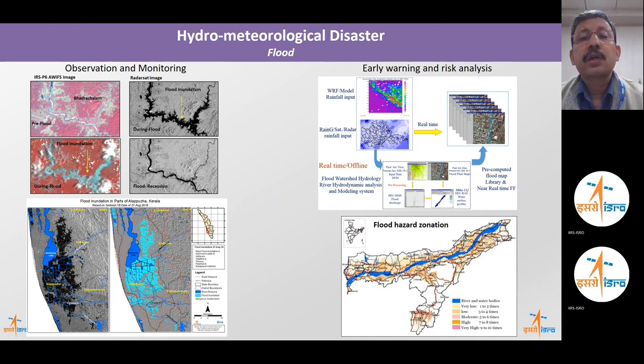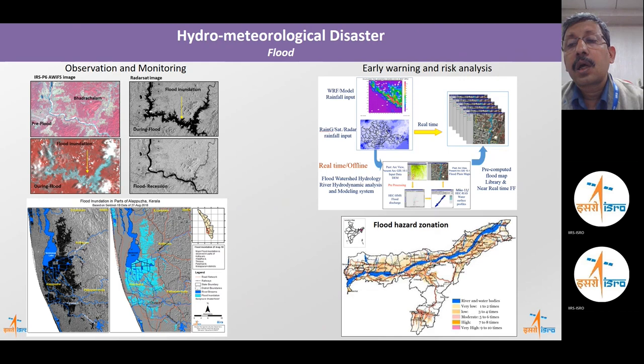And we also have the various rain gauges and Doppler radars, which can also provide us an estimation of the rainfall which is expected in an area. So using this information, we can run various hydrodynamic analyses using hydrodynamic models to generate the real-time flow.